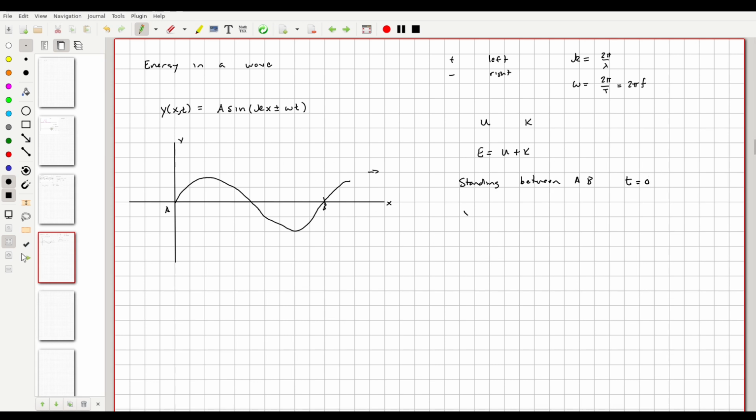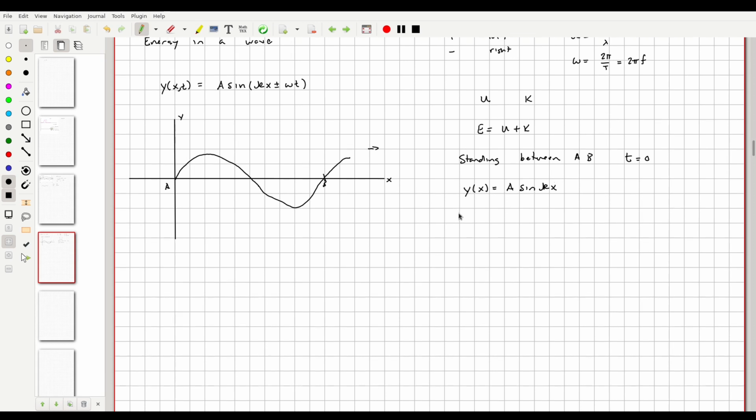And when we do that, we've taken our equation that has 2 active variables in it, and turned it into one that has just 1, which makes life easy. So in that case, it's just going to be A times sine of k times x. Now, what I'm going to do is sum up the total energy from here to here. That is the total energy in one wavelength.